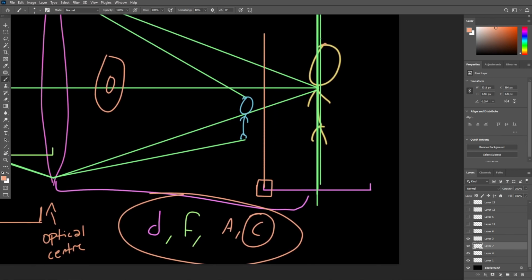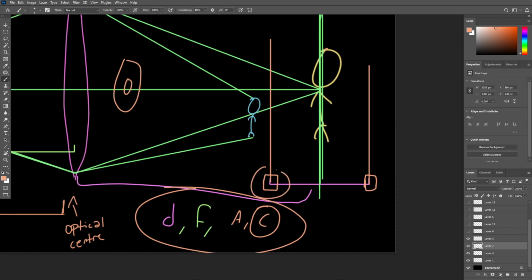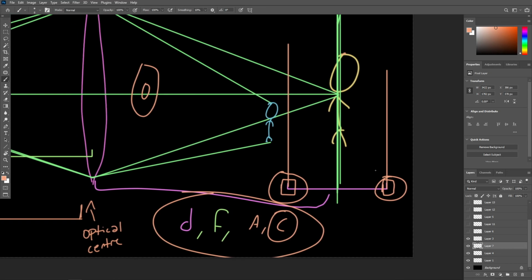We can also determine the farthest distance at which objects will be in acceptable focus. These two values are going to become pretty important later on when we discuss depth of field and how we can approach implementing that in 3D graphics.